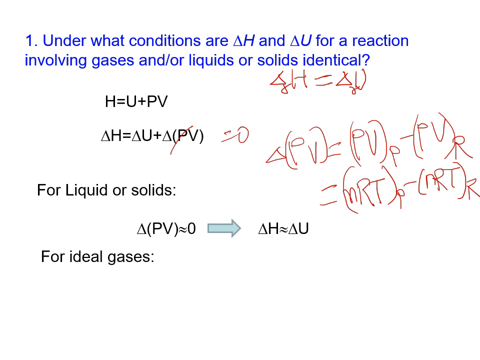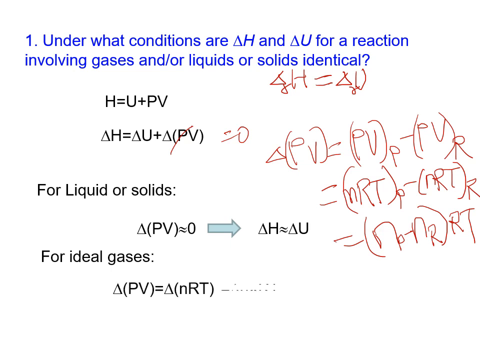Most chemical reactions are under constant temperature, so the reactants and products have the same temperature. In that case, T is the same, so it's the number of moles of product minus the number of moles of reactants, times RT. Therefore you can write it as delta N times RT, where delta N is the product number of moles minus the reactant number of moles.